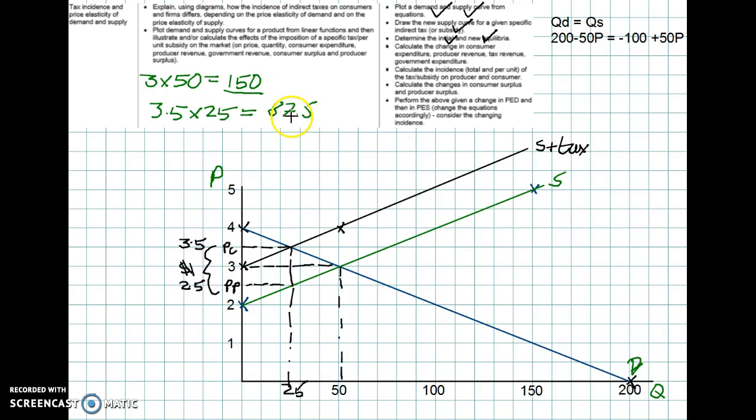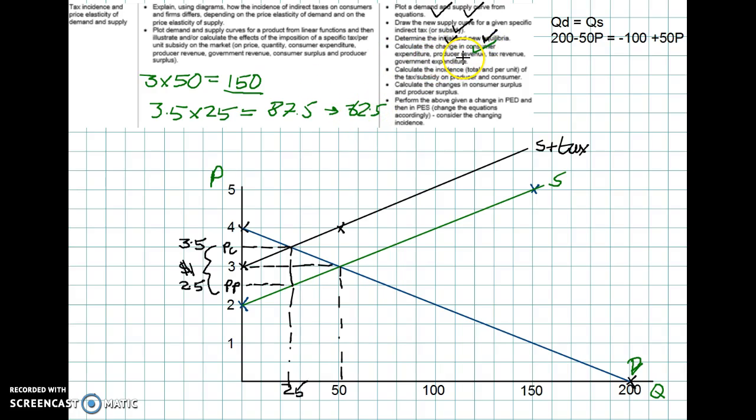So now we need to take away the original from that, so minus 150 would leave us with an answer of minus 62.5. Okay, so that minus is just saying that basically we're spending 62.5 less than we were before. Okay, so consumer expenditure has gone down by 62.5.